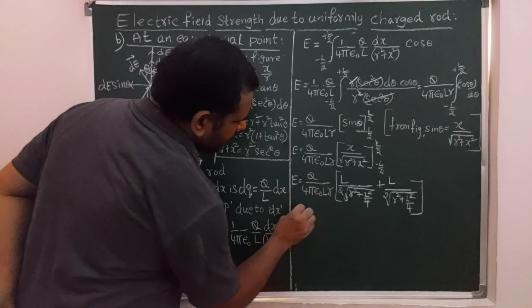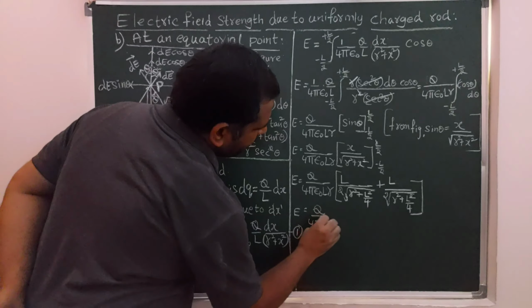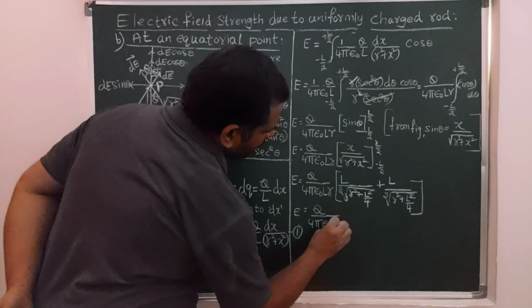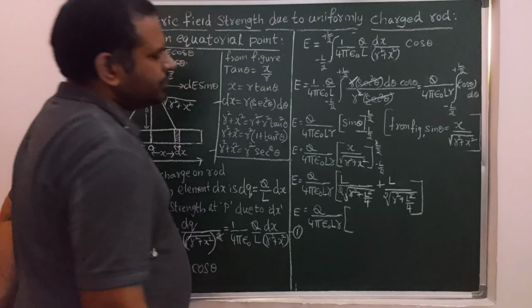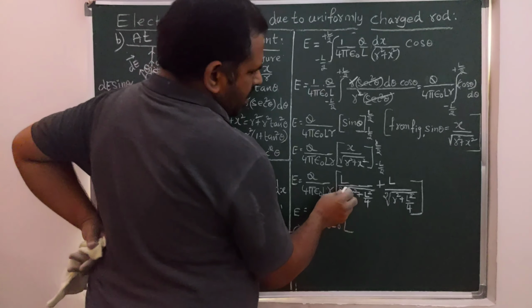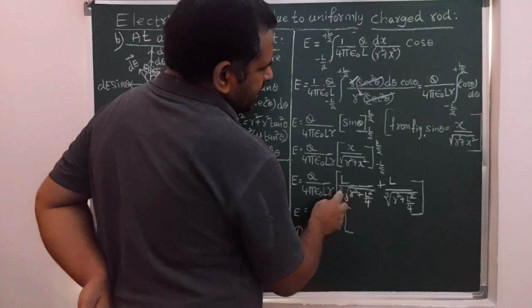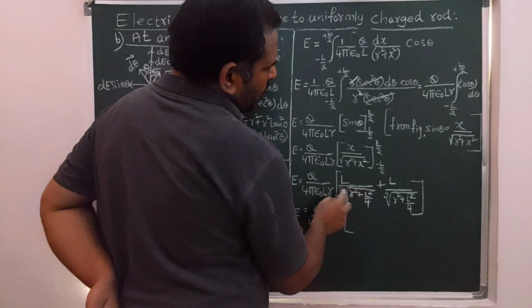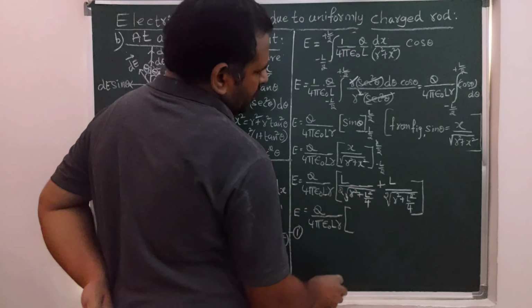See, E is equal to Q by 4 pi epsilon naught into L into R. Okay, all of you see here. What is the LCM? The LCM is 2 into under root r square plus L square by 4. And here L plus L is 2L.